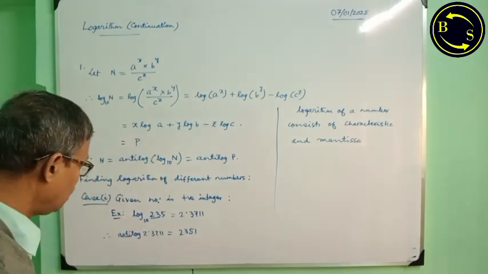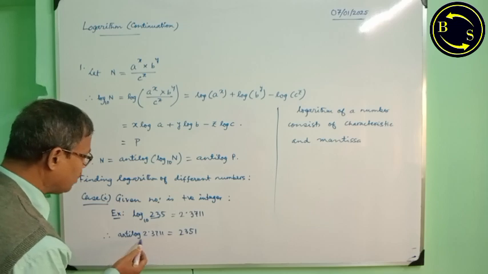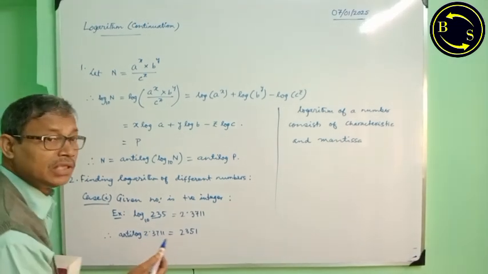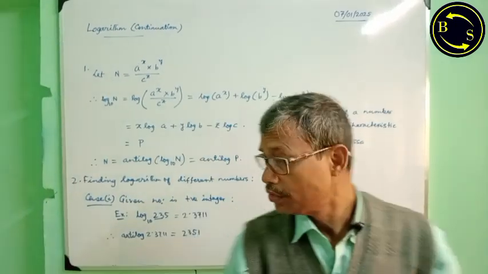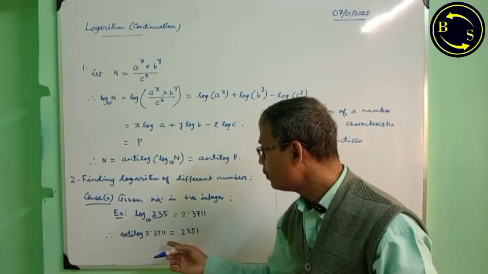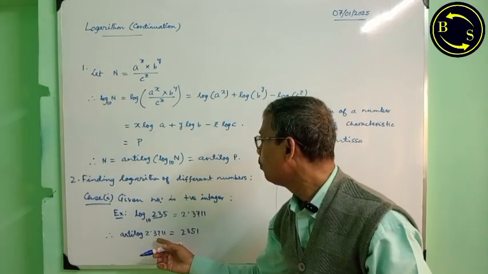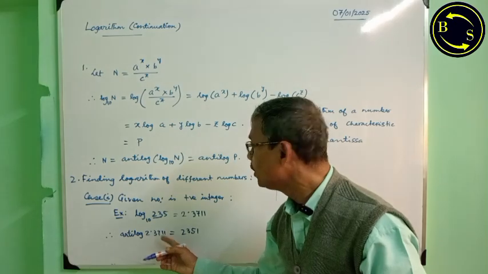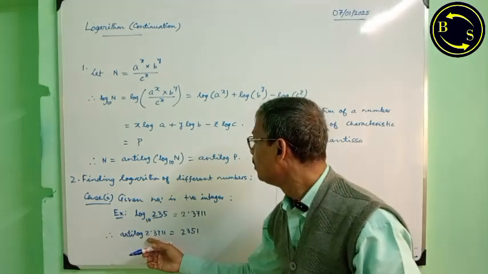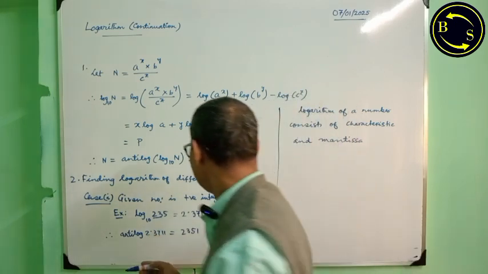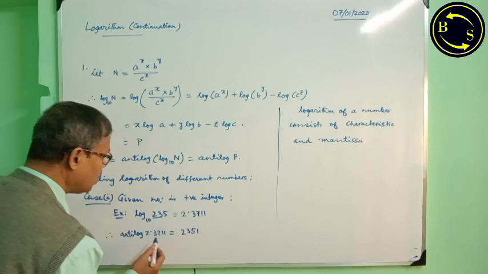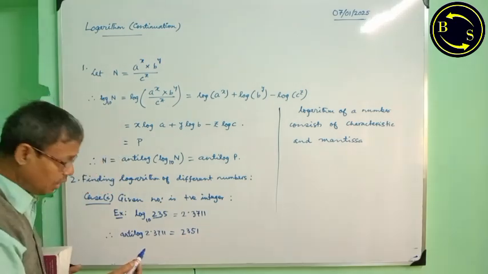One thing you note, for finding the antilog of this number, the 2 determines the position of the decimal point. Therefore, we first see the row headed by 0.37. The 2 is not affecting here. Therefore, antilog of this one is 2351. Now we have to place the decimal point.